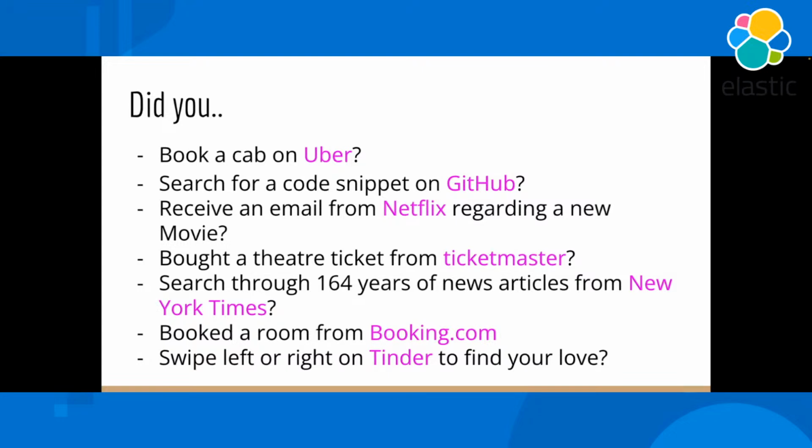These also include the New York Times, actually 164 years of news articles from the New York Times. I booked my room recently from booking.com, I think a couple of months back. And obviously I don't use Tinder, but you can always swipe left or right to find your love, right?